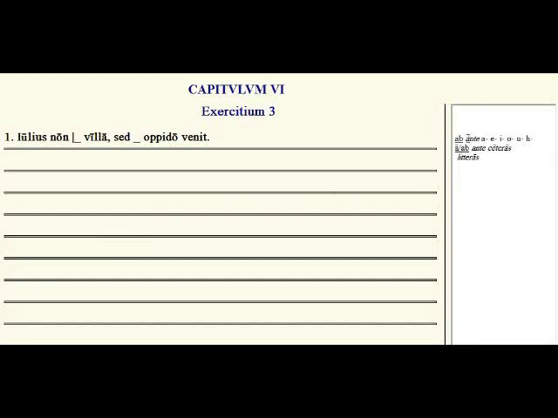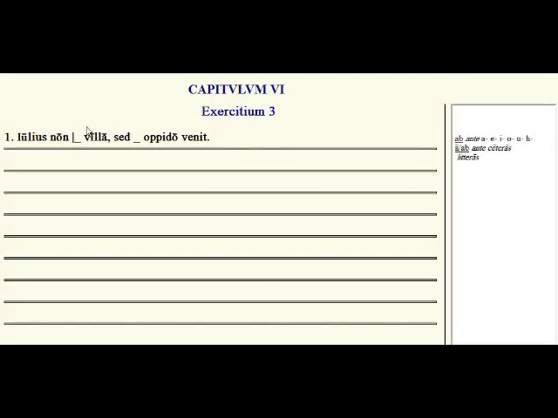Here we have different forms of ab. Ab can either be ab or a, and both of them mean the exact same thing, but ab shows up, as we see in the margin here, before a, e, i, o, u, and sometimes in front of h, and a shows up before all the other letters. So in these exercises, let's just put ab in front of the vowels and a in front of the consonants.